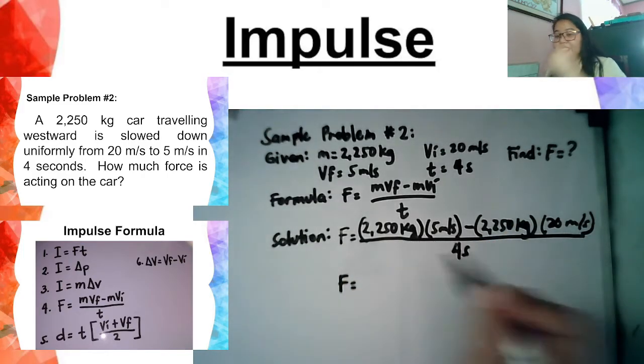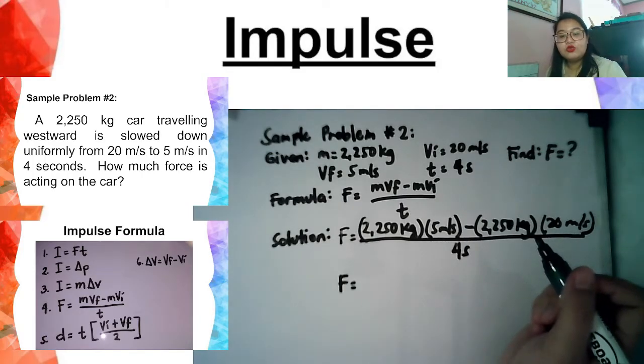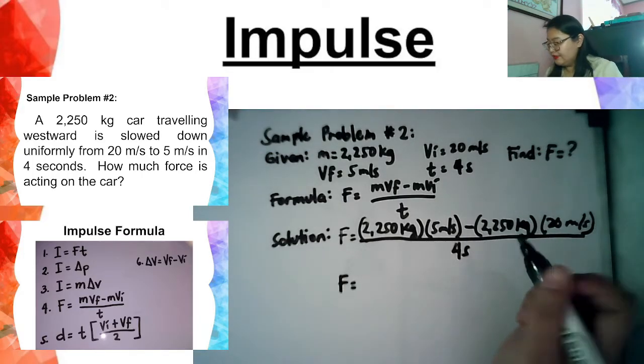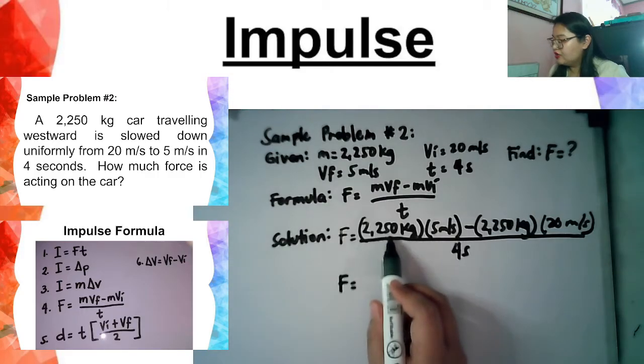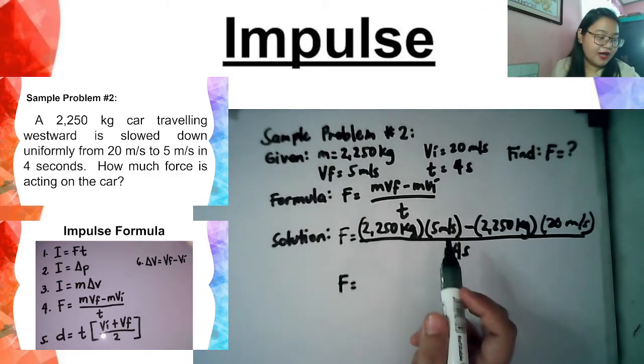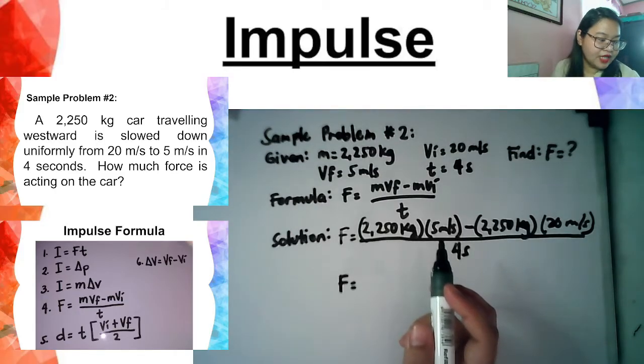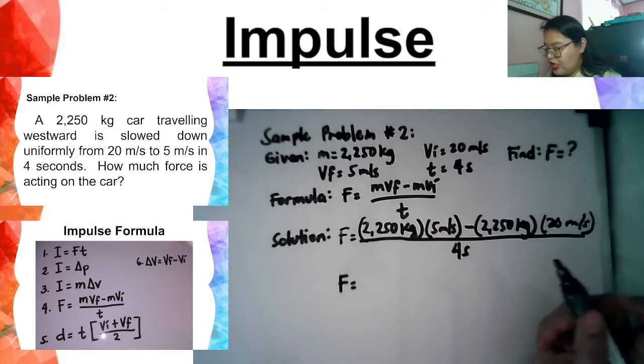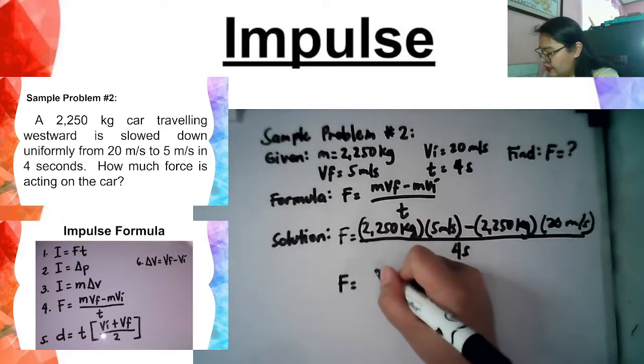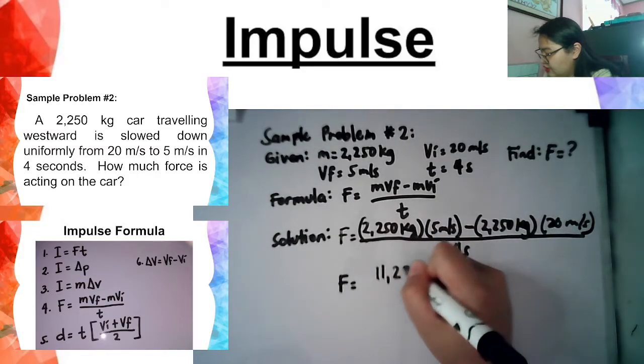Okay. Now, isa-isahin natin ha. You just need to multiply first. So, mumultiply muna natin 2,250 times 5. So, 2,250 times 5, you will get 11,250.